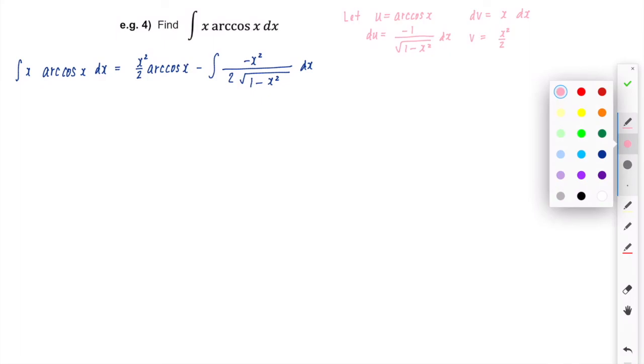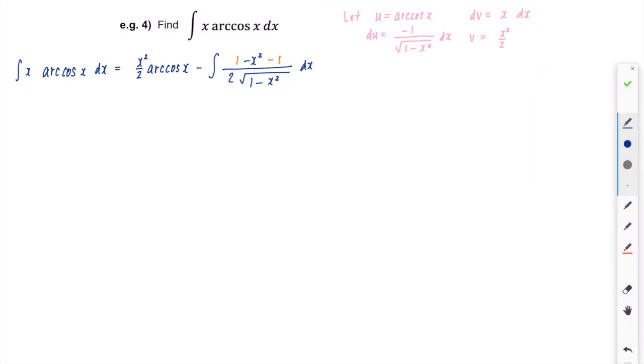If I try to match up the square root of 1 minus x squared with that negative x squared in the numerator, I can do the plus 1 minus 1 trick. I also notice that there is an over 2 in both terms, so I will factor out 1/2.